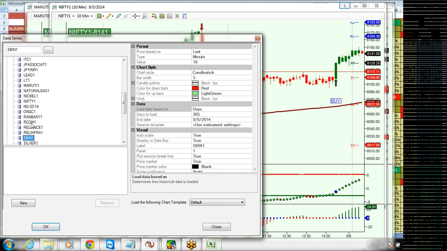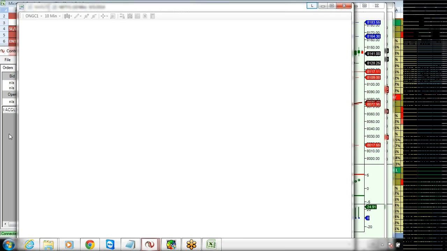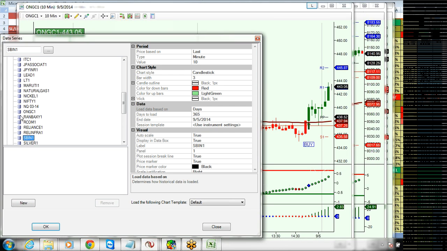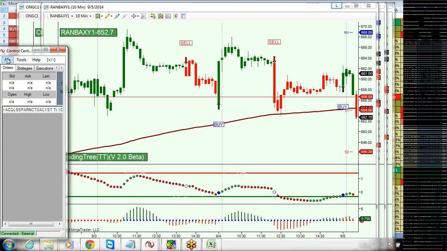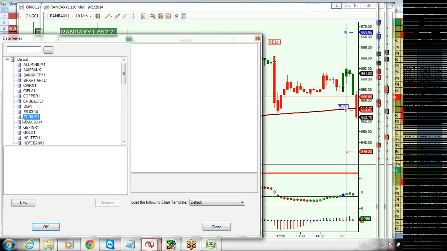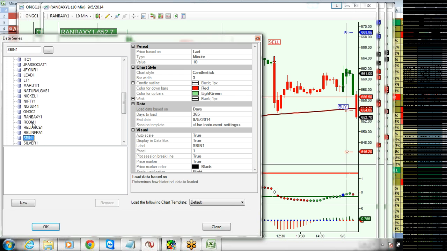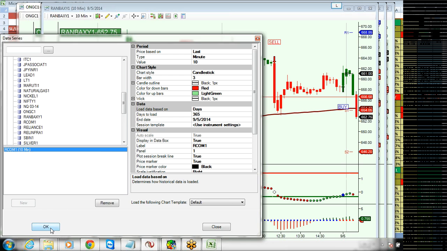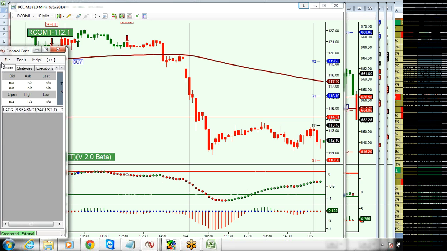So Nifty looks still strong. ONGC, we have a buy call. We have a buy call in even FuturesTree also. Ranbaxy is a sell call. We should be getting a sell call.